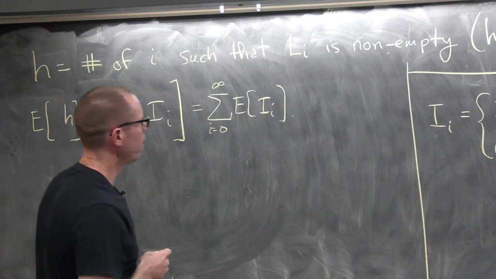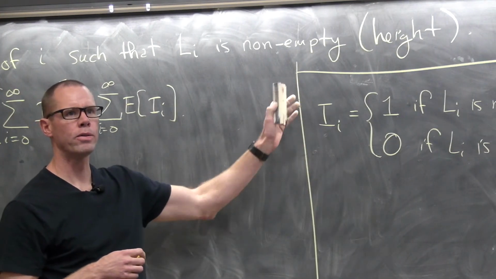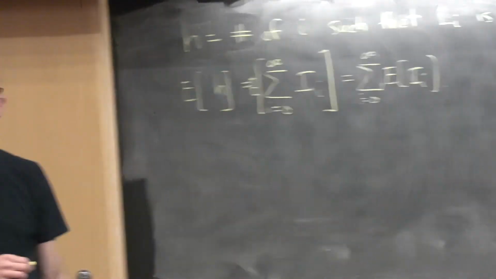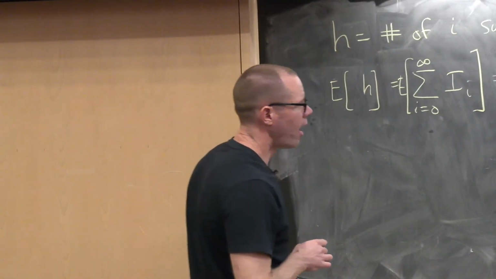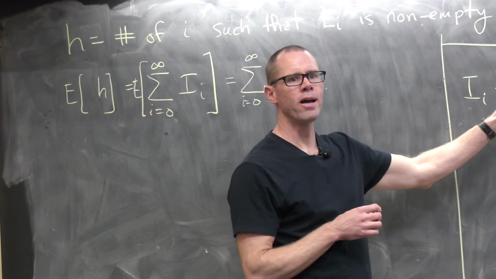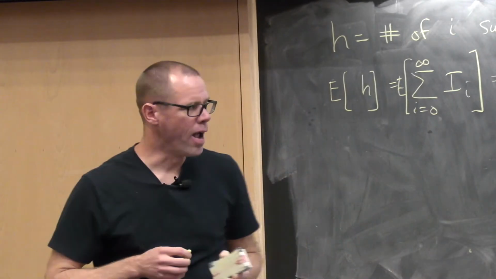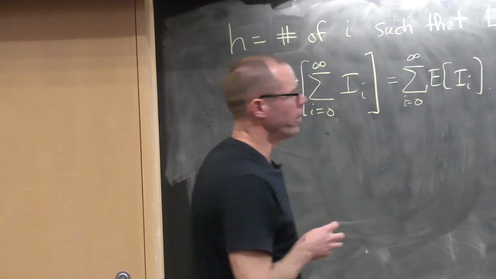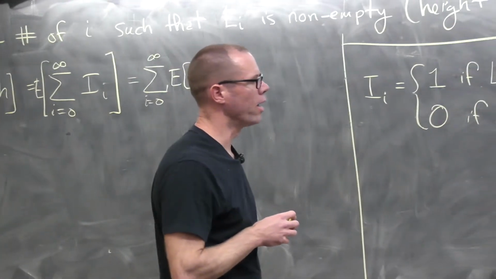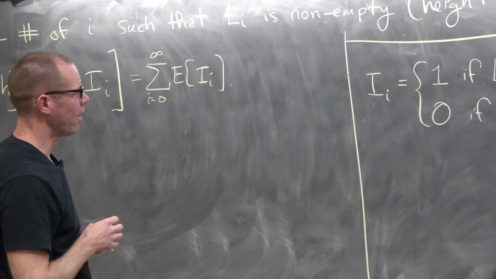I mean, how hard can these things be to study, right? They only take on 2 values, 0 and 1. I don't know that quantity. I can't tell you exactly what the probability is that L sub I is non-empty. I can tell you maybe for I equals 1, but already for I equals 2, it gets a little bit iffy.